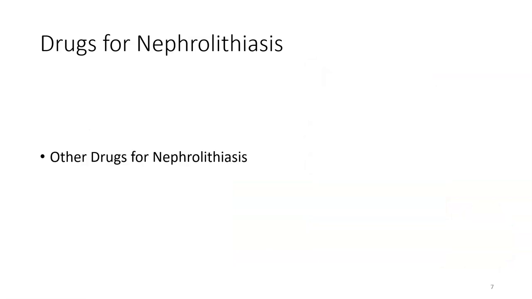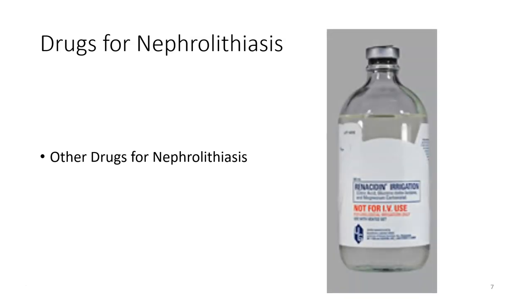Other drugs for kidney stones. Renacidin is a combination of magnesium and citric acid. It reduces the size of the kidney stone so it can pass more easily. It's a solution that's instilled into the bladder. So even though this looks like it's an IV, it's not for IV use. This is an irrigation.